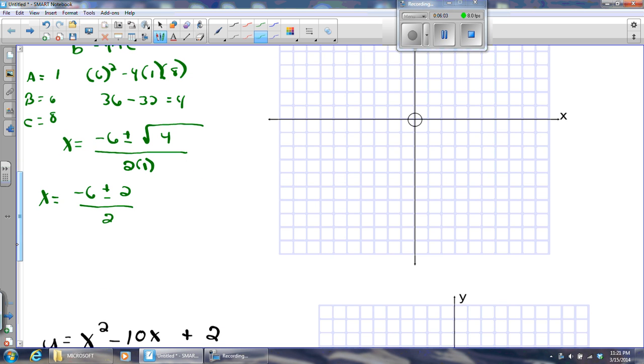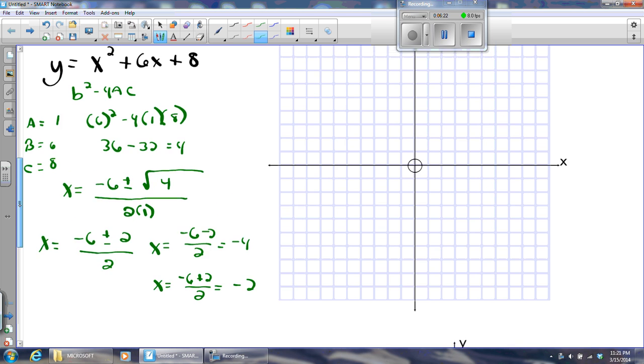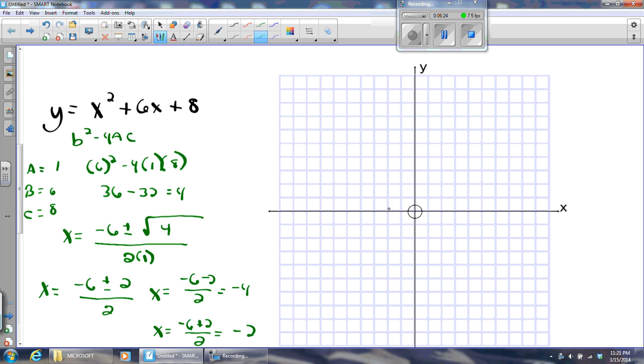And then x is going to equal negative 6 minus 2 over 2, which is negative 4. And I'll also get x equals negative 6 plus 2 over 2, which I believe will be negative 2. So my two roots are at negative 4, 0 and negative 2, 0, right?